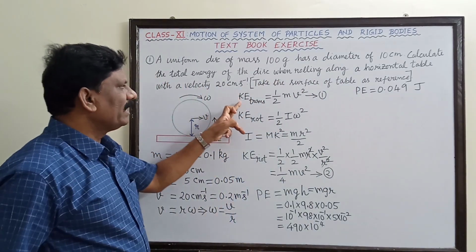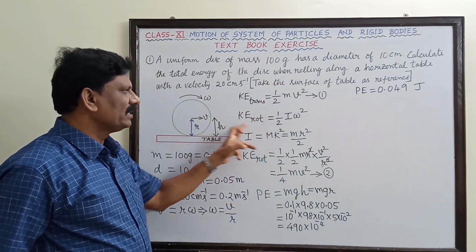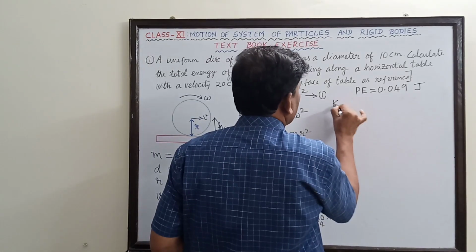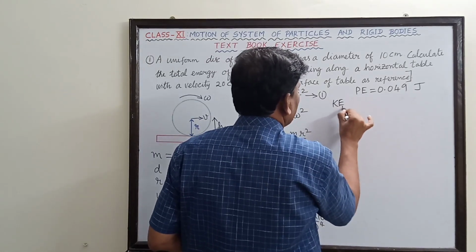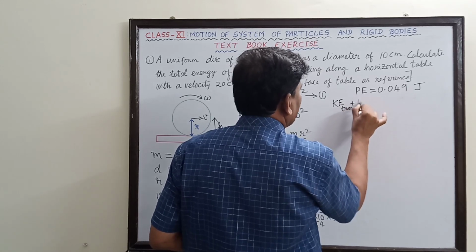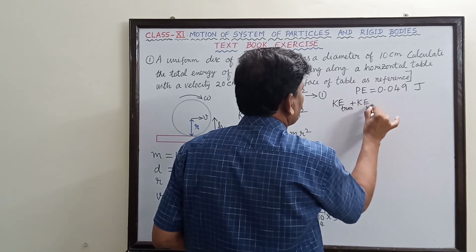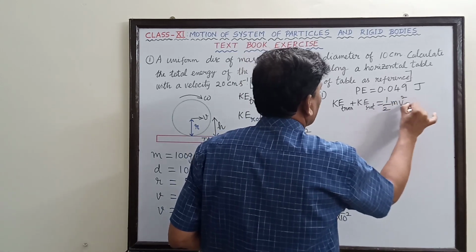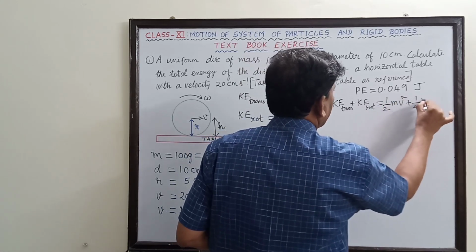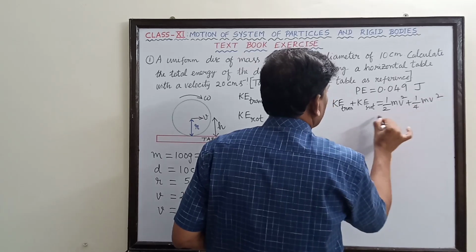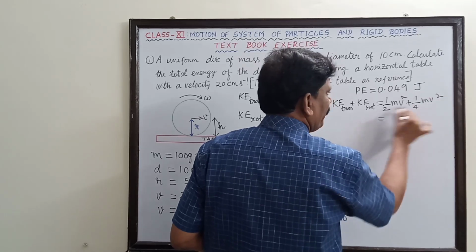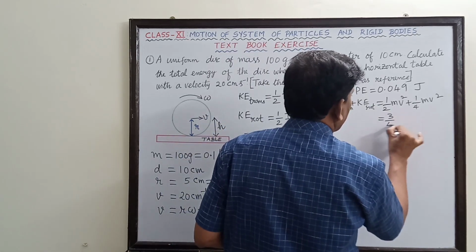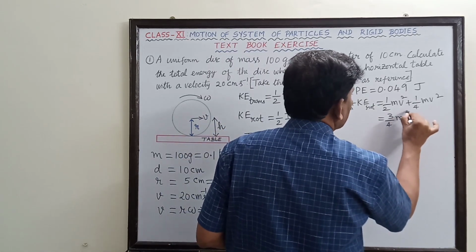Like that I am going to add kinetic energy translation and kinetic energy rotation. Okay. So kinetic energy translatory plus kinetic energy rotation is equal to half mv square plus 1 by 4 mv square. So this is equal to half plus 1 by 4, which is how much? 3 by 4. So this is 3 by 4 mv square.